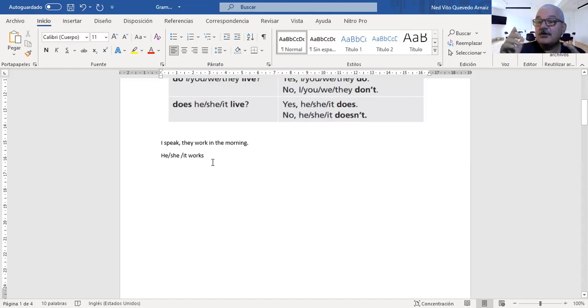Notice that we will use the S only for the third person singular. The third person singular is just the person that we talk about, the grammar person. That's the simple present. But there is another form. That is when you refer to actions in their progress, okay?